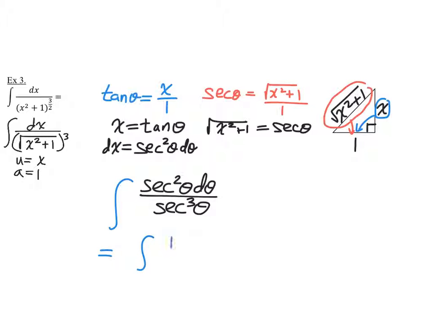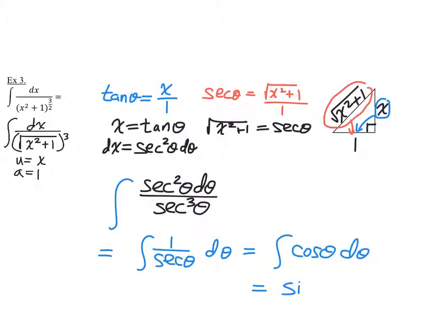Simplify that, you get 1 over secant d theta. But 1 over secant is the same as saying what? Cosine. The antiderivative of cosine is sine. So we have sine theta plus c. So we took something that in its original form wasn't really antidifferentiable and made it nice and convenient.